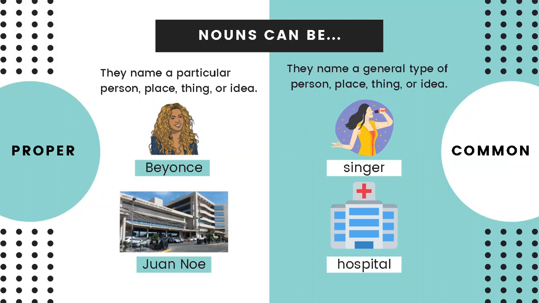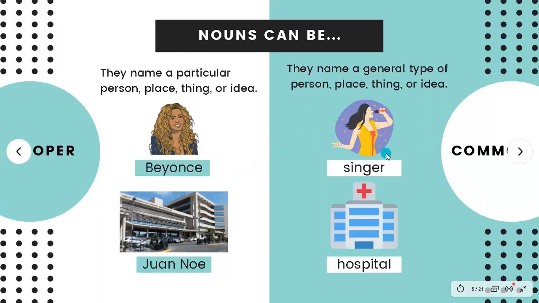Nombran un tipo único de algo. For example, we have Beyoncé, Juan Noé, okay? Those are proper nouns. Arica, Chile, all of them. Usually they have, or most of the time actually, they have a capital letter. With whatever is the position in the sentence, cualquiera sea su posición en la oración, llevan una mayúscula.